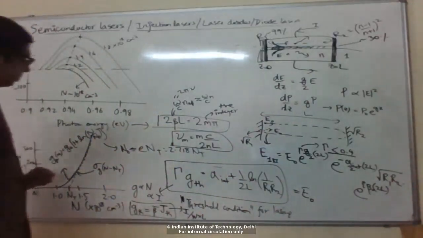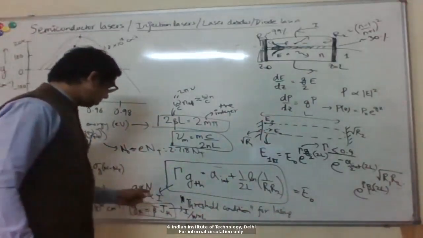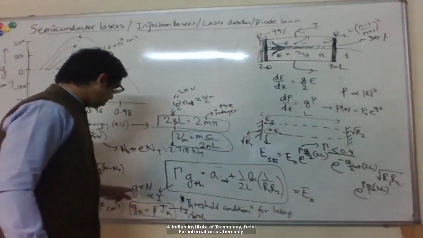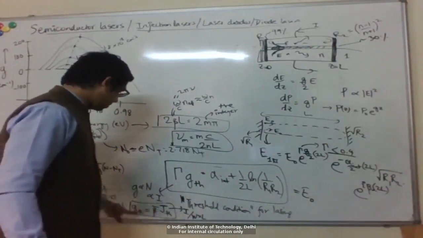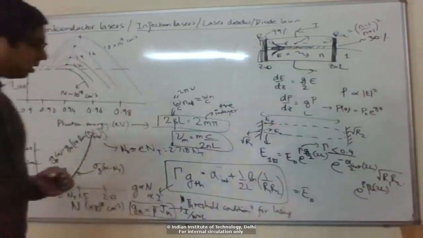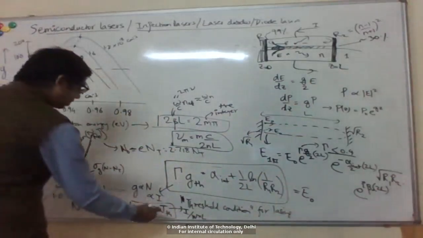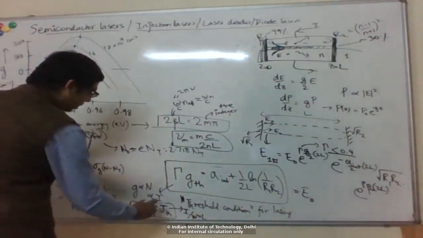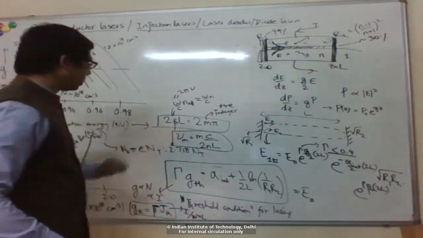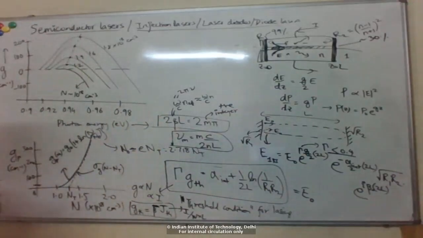So basically, the carrier concentration directly depends on I or J, and since G depends on N, you can find some proportionality constant between J and this one. This proportionality constant you will see in some places denoted as B dash or B bar, to differentiate it from the beta propagation constant here.